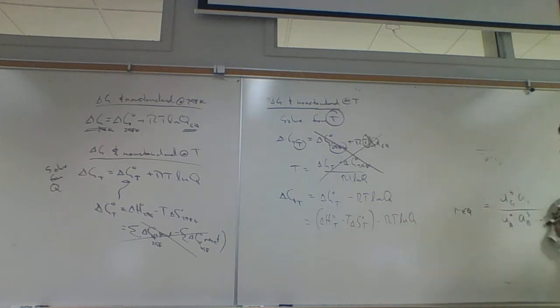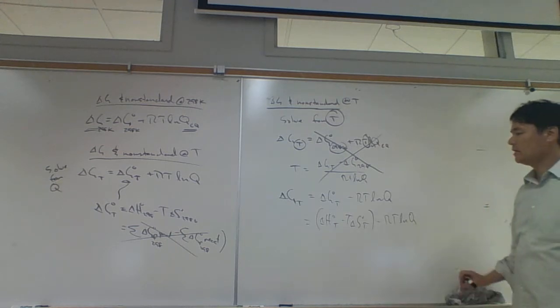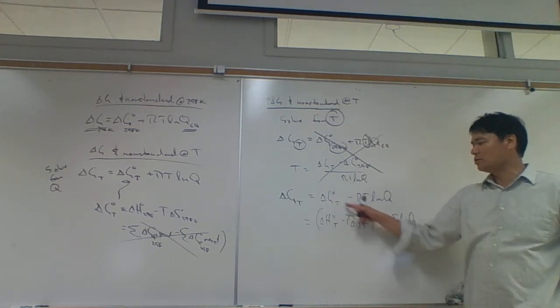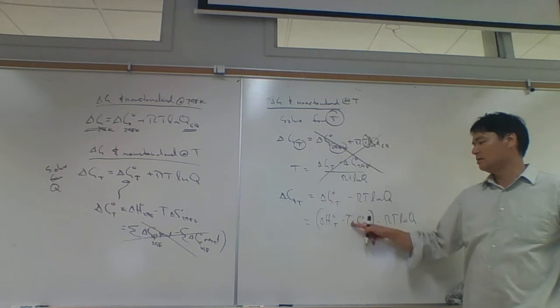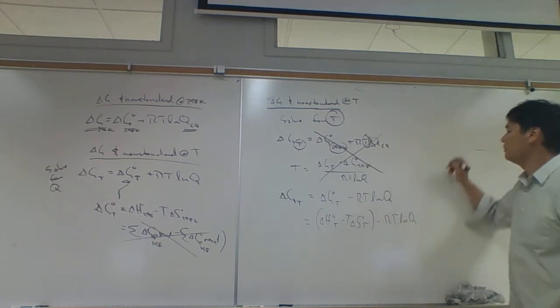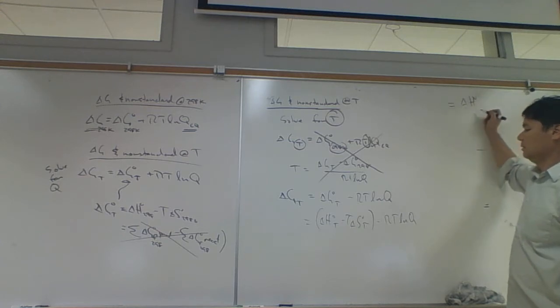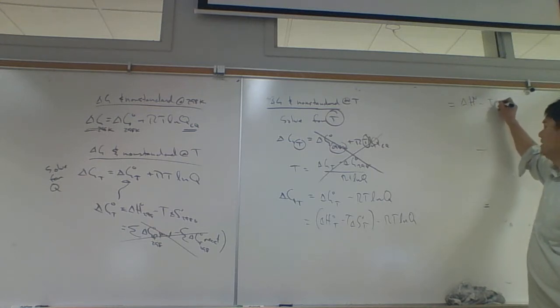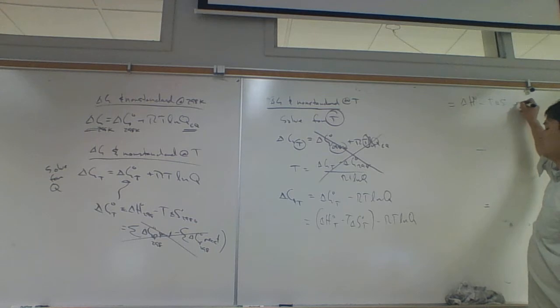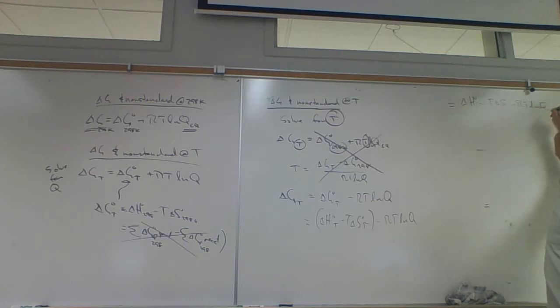Now we can do this because now we've gotten the temperature term out of this here, and we have it here. And so what we'll do is this is going to equal delta H naught minus T delta S naught minus RT ln Q. And what I'll do is I'll factor out the temperature out of this side.